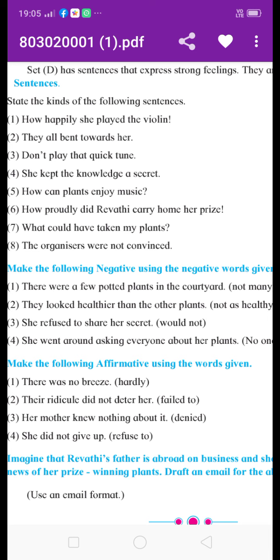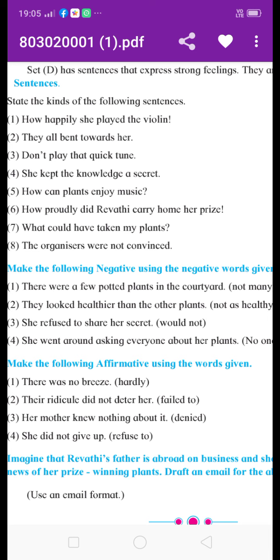We are not going to change the tense of the sentence. Then, the meaning also should remain the same in the negative or in the affirmative. We are not going to change the meaning while interchanging affirmative or negative.